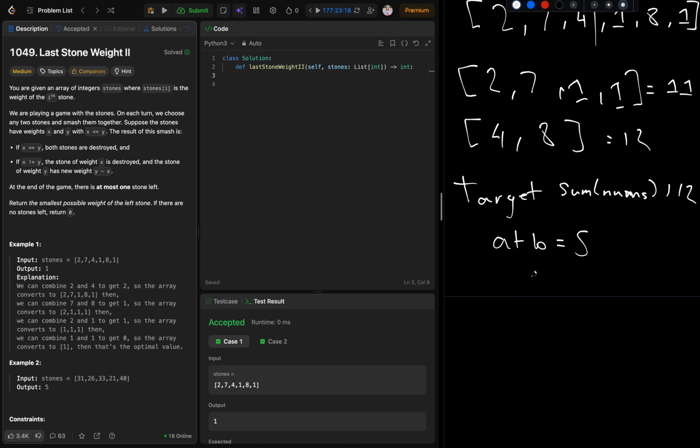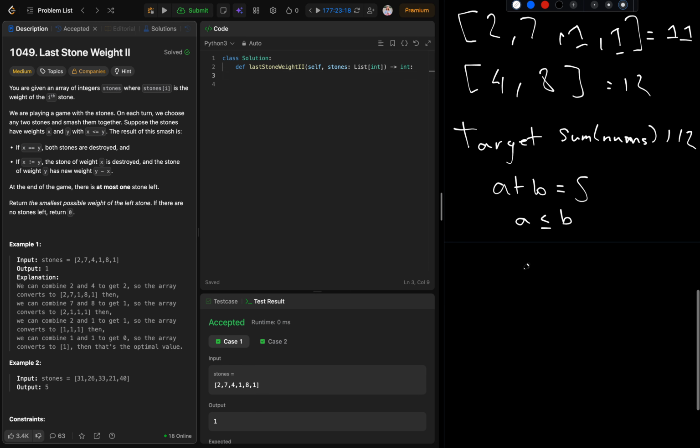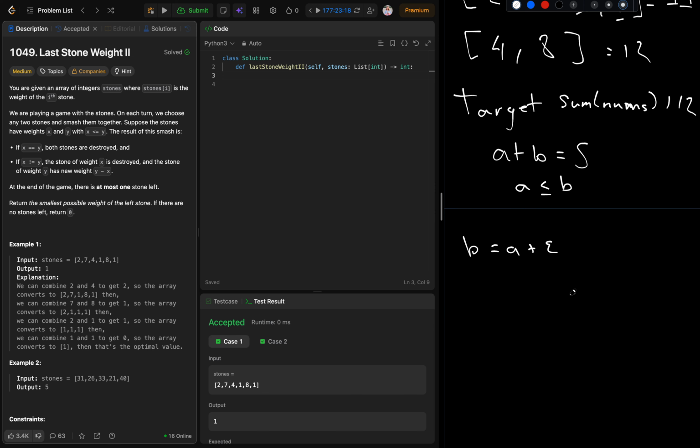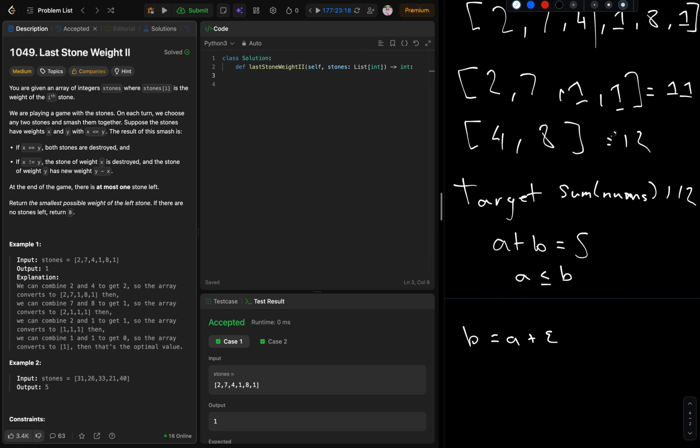But we want to find the a such that a is less than or equal to b, because b equals a plus a little bit, some epsilon, some variable, right? Let's say this was a and this was b.